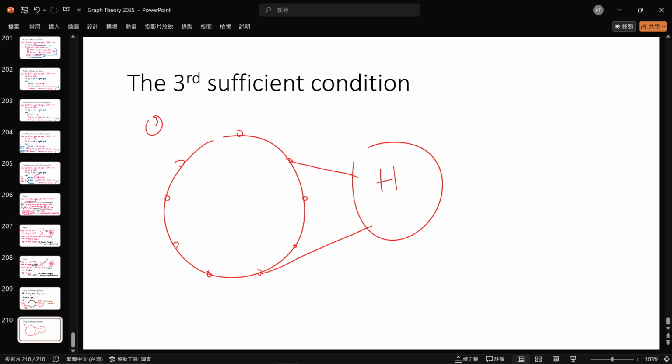So we want to find a way to find a larger cycle.